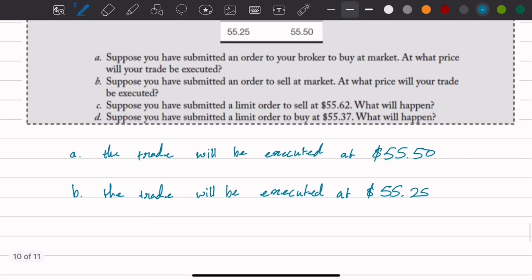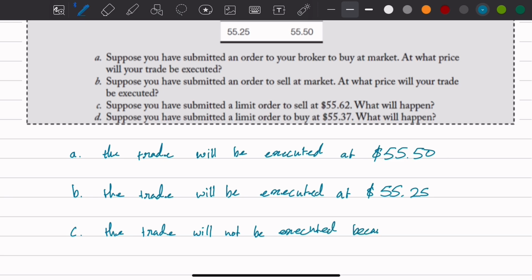Okay? We'll say C, the trade will not be executed. Why?